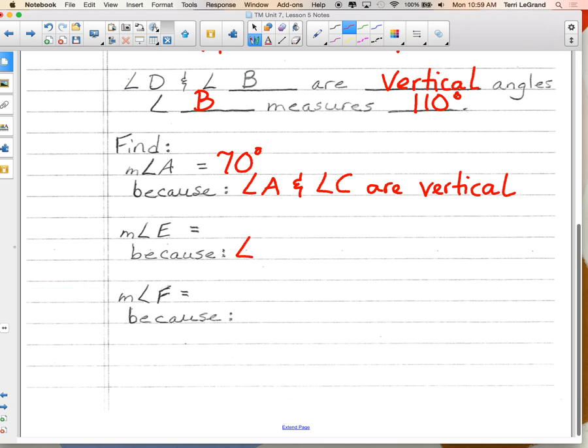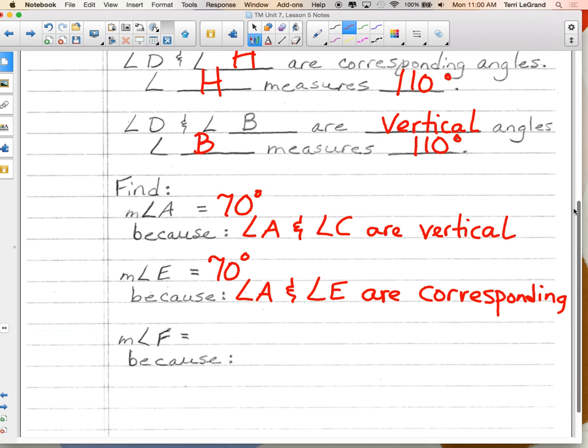Because angle A and angle E are corresponding. Now we're ready to use the corresponding angle relationship because we just found its partner A. So what does angle E measure? 70 degrees, because corresponding angles are equal.